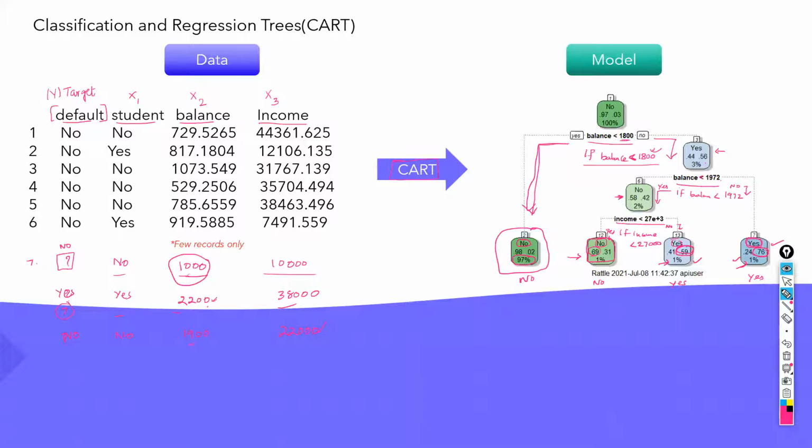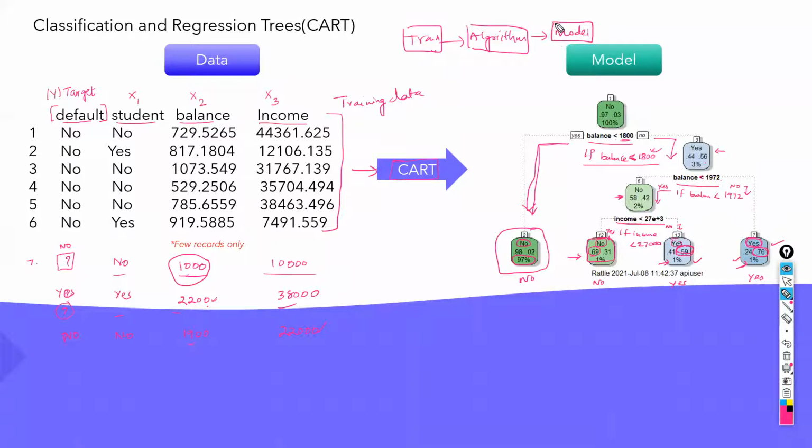Okay. For decision making, it is fine. But the first step is from this training data. So this data, which we are going to use to generate this tree, is called training data. And when we pass the training data to an algorithm, this algorithm will try to generate a model as an output.